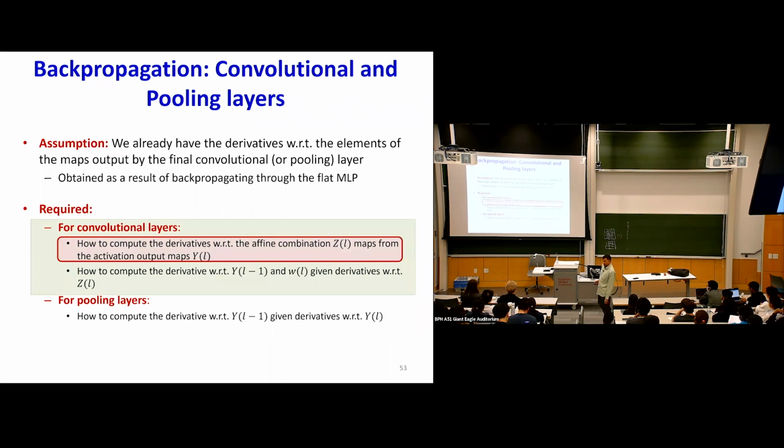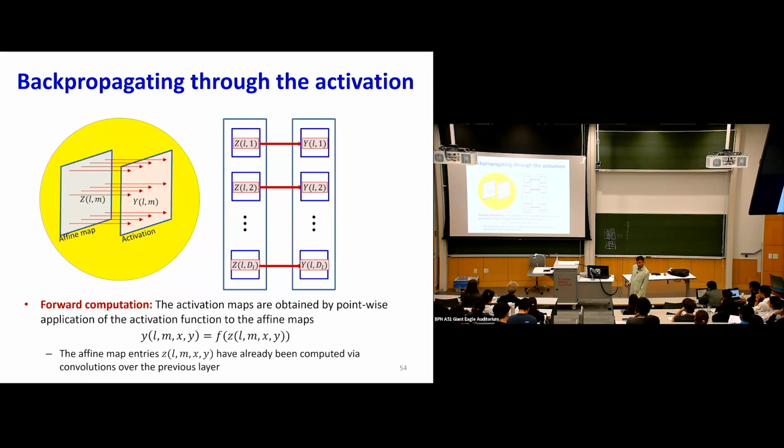First things first, this is the easy bit. How do you compute derivatives with respect to the affine maps given the derivatives with respect to the activation maps? Now, as it happens, this is easy because the activation maps were simply obtained by applying an activation function pointwise to these z guys, right?